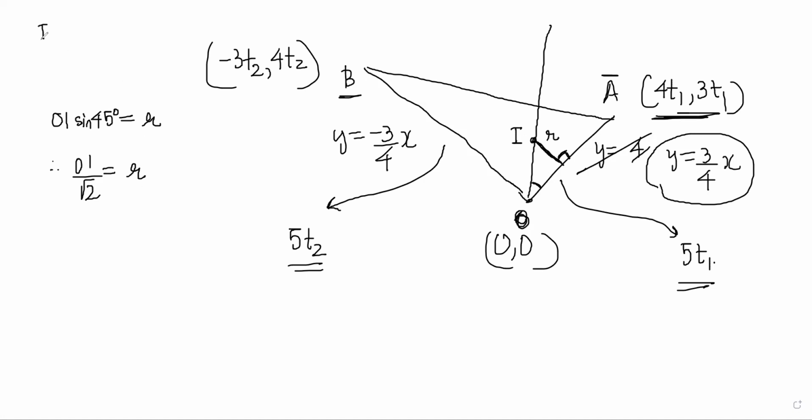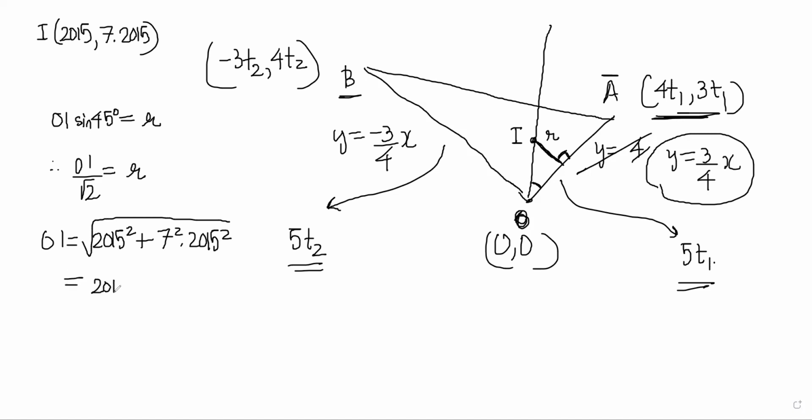And I point was given as 2015 comma 7 times 2015. So what is OI? OI is the square root of 2015 square plus 7 square into 2015 square. So that is 2015 into root of 1 plus 49, which is 50. So it is 5 root 2.